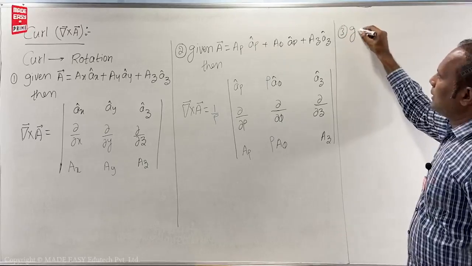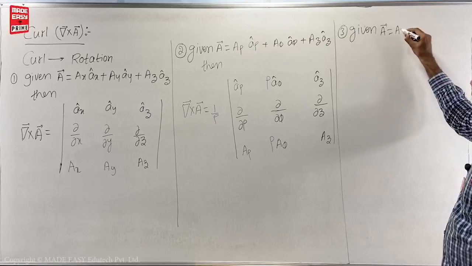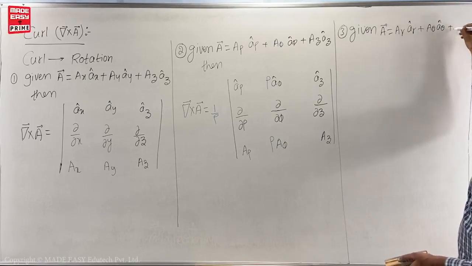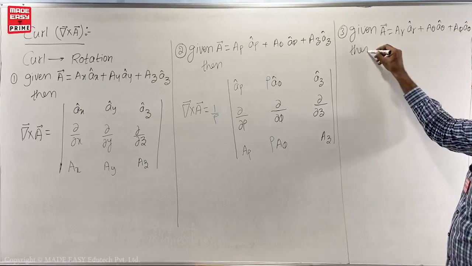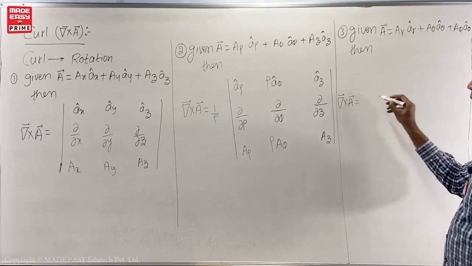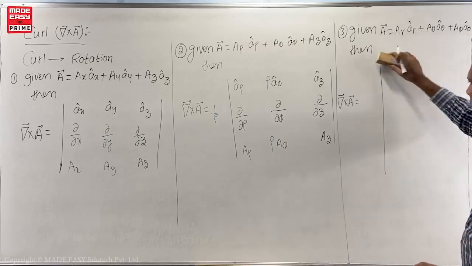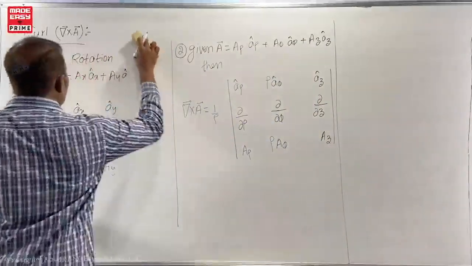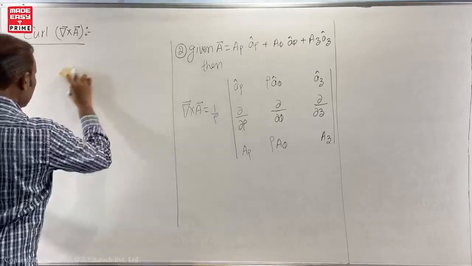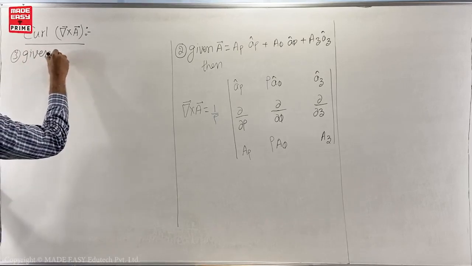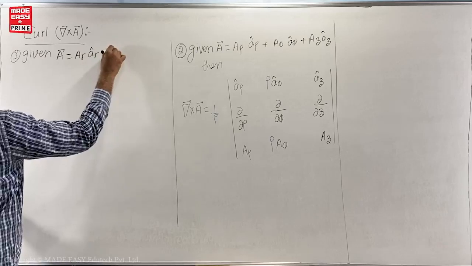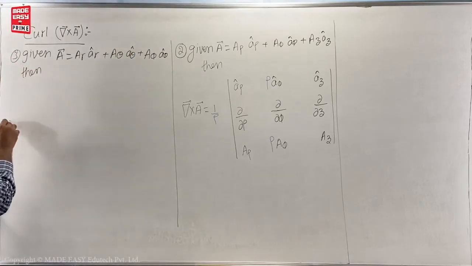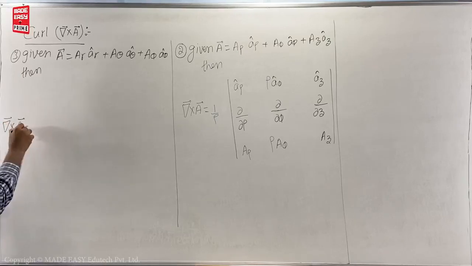Third one: given A bar vector in the spherical system having R component, then theta component, then phi component, then del cross A bar is equal to, first you see this one, then I will write.